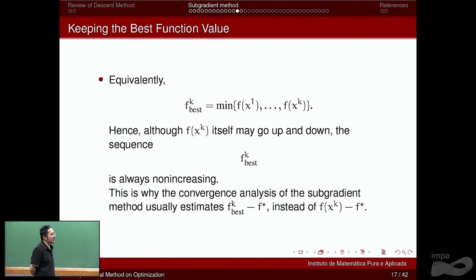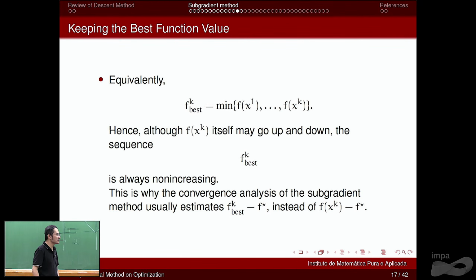Eventually, your fk best is the minimum of all the previous function values. So that's why we see this fk best is always non-increasing.